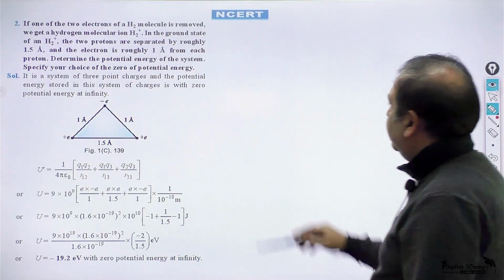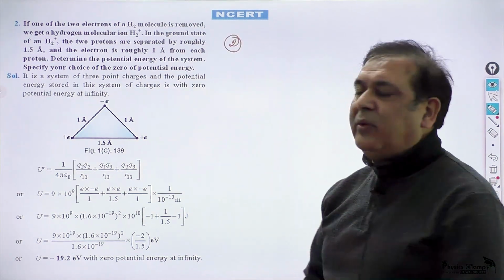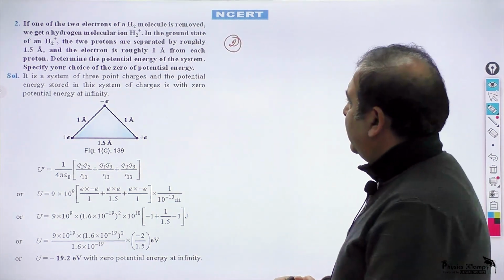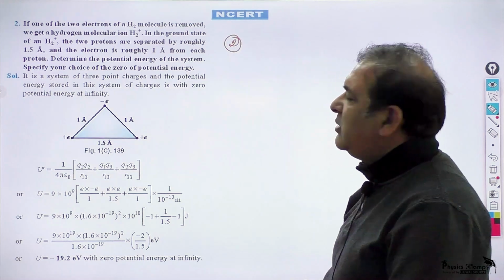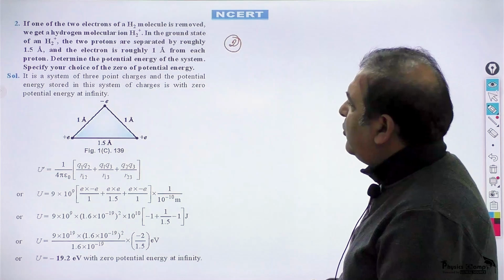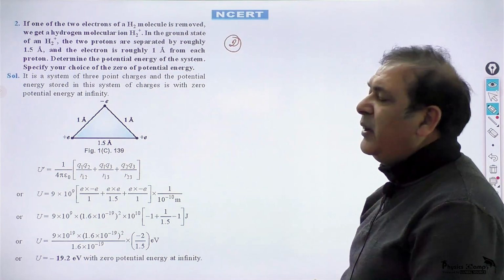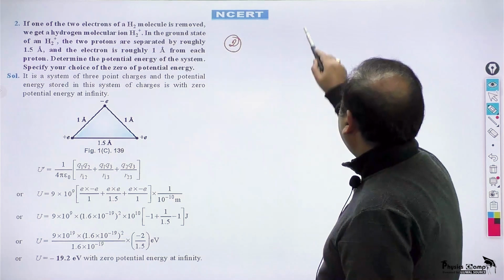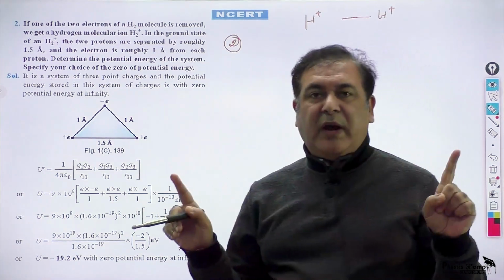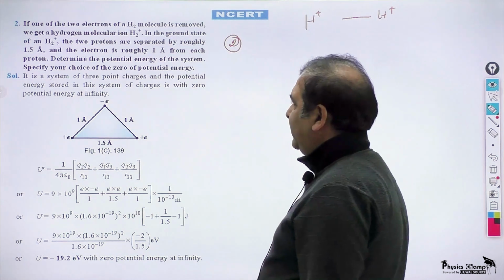Now looking at question number 2 of NCERT, which says if one of two electrons of hydrogen molecule is removed, we get a hydrogen molecule ion, H2 plus. In this ground state of H2 plus ion, the two protons are separated by roughly 1.5 angstrom. So you can say there are two H atoms forming an H2 molecule.